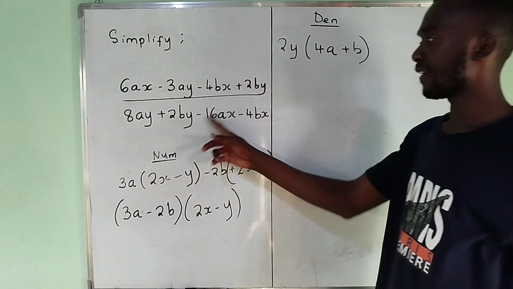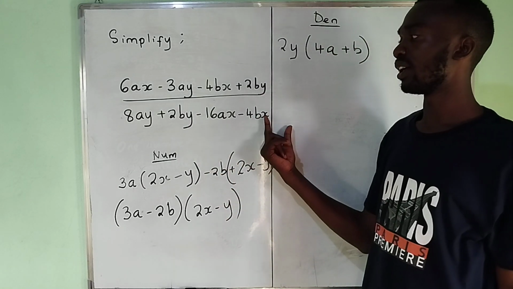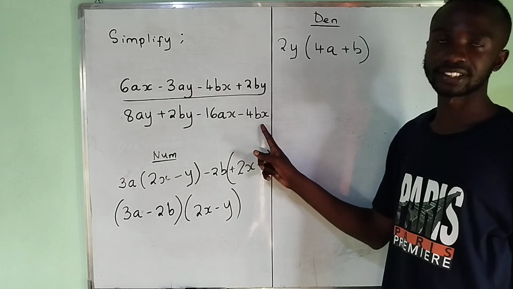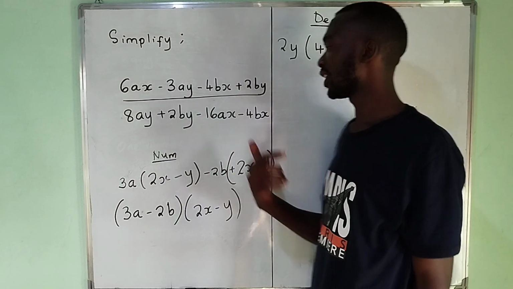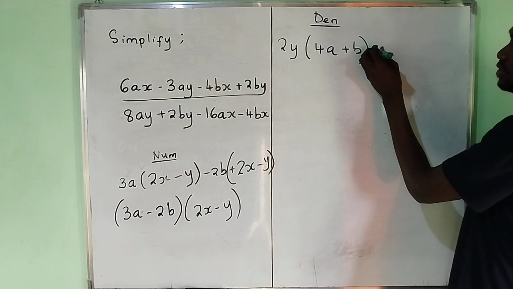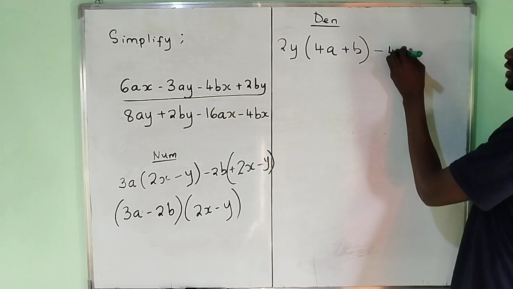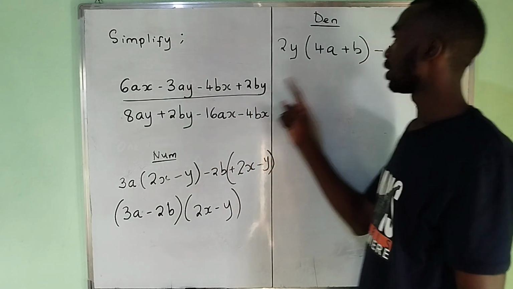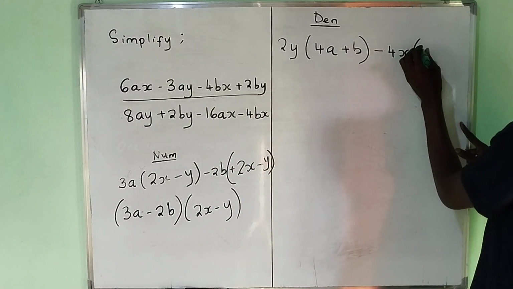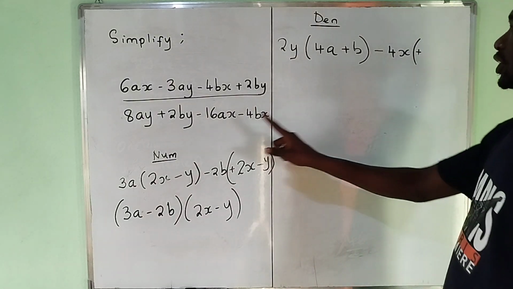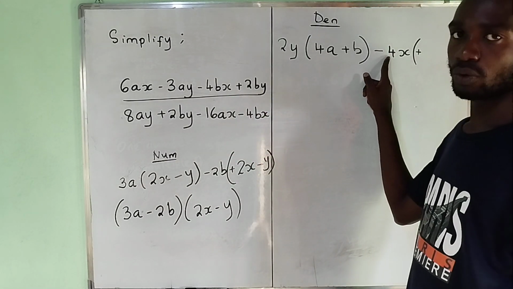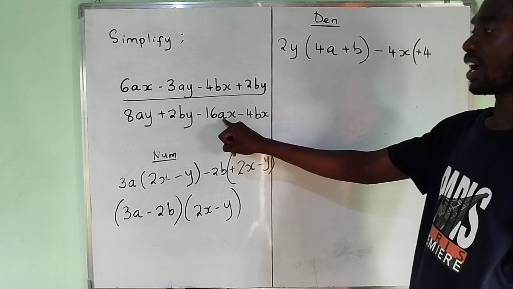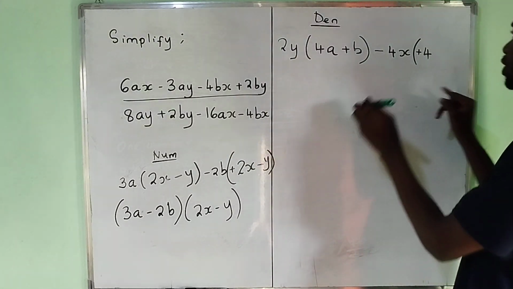Then we go to the second pair in the denominator. We have negative 16ax and negative 4bx. So the common factor in the second part is negative 4x. So now look, this negative divided by a negative, we are going to obtain a positive number. 16 divided by 4 is a 4. We have a here, so a is going to remain because it is not divided.